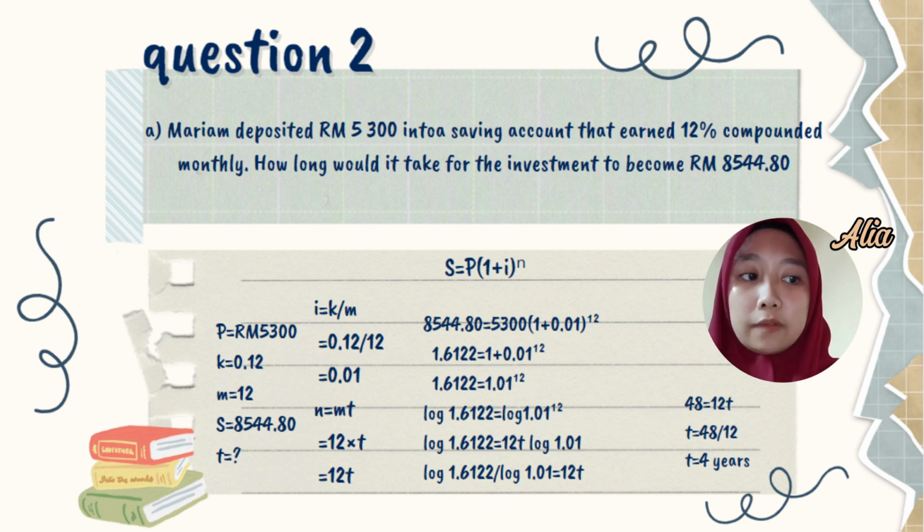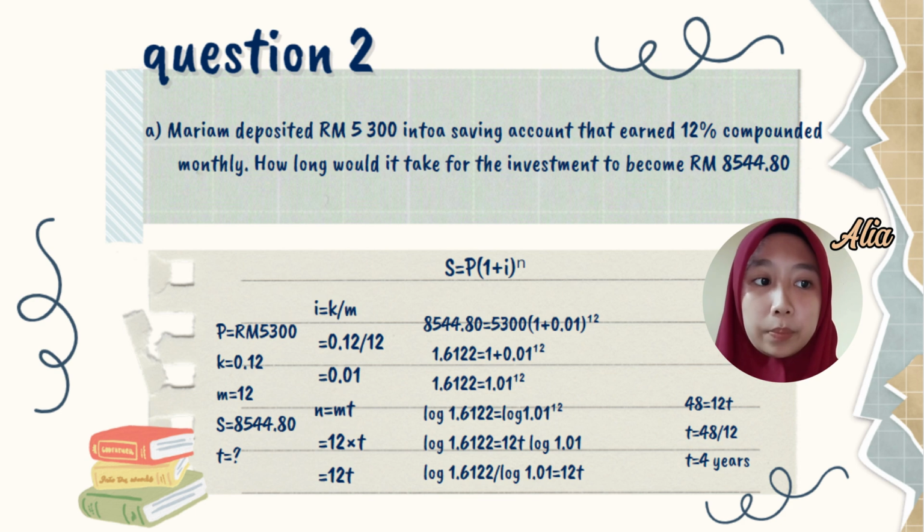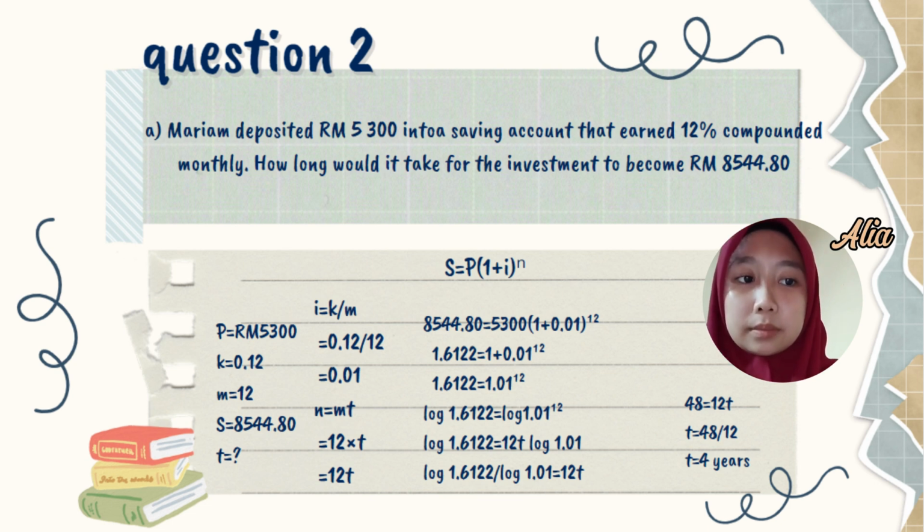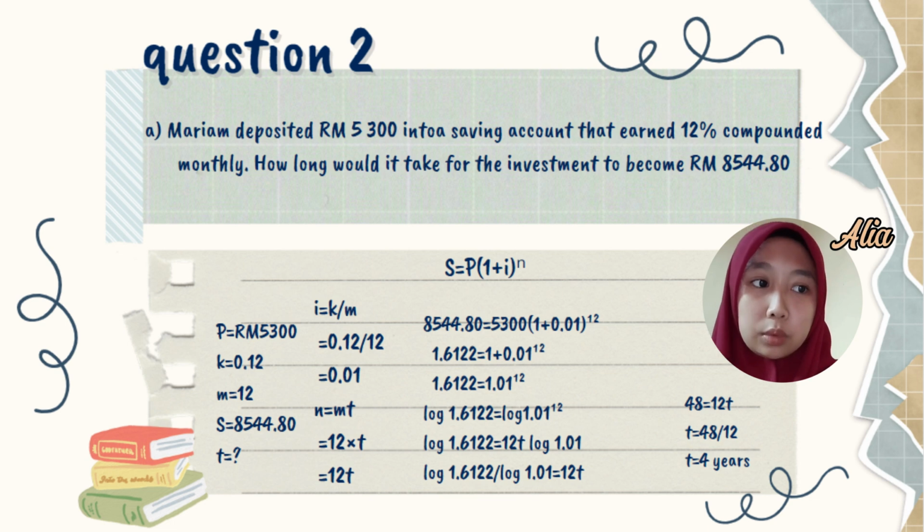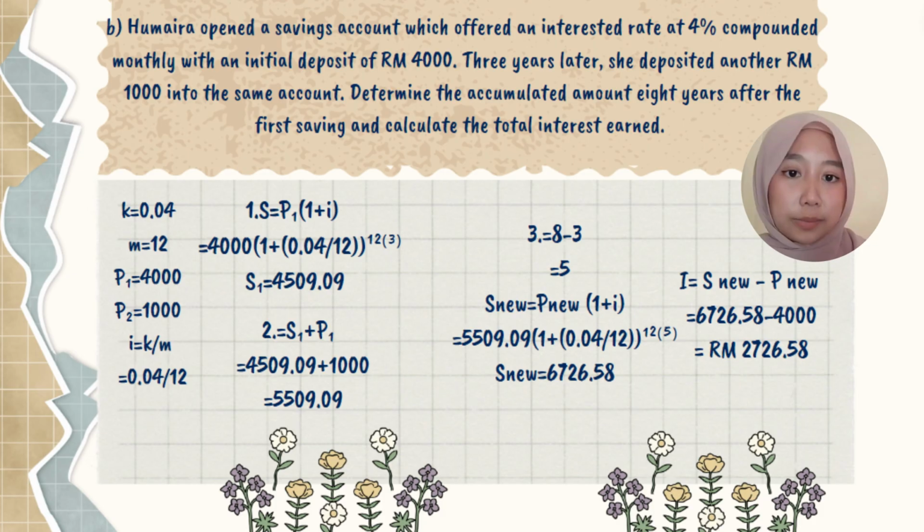After that, bring the power of 12T in front of log 1.01. Then log 1.6122 divided by log 1.01 equals 12T. And then we get 48 equals 12T. To get T, 48 is divided by 12. Then the answer for T is 4 years.